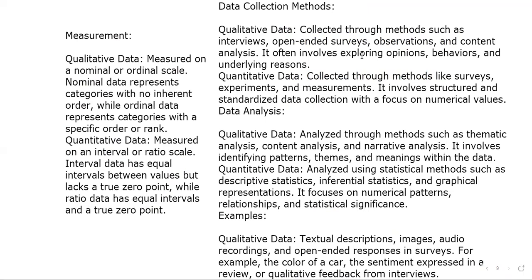In terms of data analysis, for qualitative we use thematic analysis, content analysis, or narrative analysis, which involves identifying patterns and themes, whereas for quantitative we use statistical tools like SPSS and Excel to give statistics and graphical representations. So that is the difference between the two types of data.